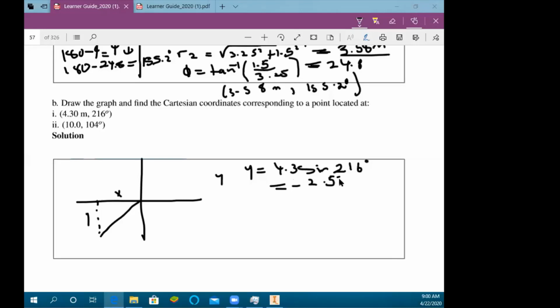Actually 2.53 because you're looking at the number of significant figures here. Oh, yes. Then our x value, in this case, no, sorry, it's still 4.3.